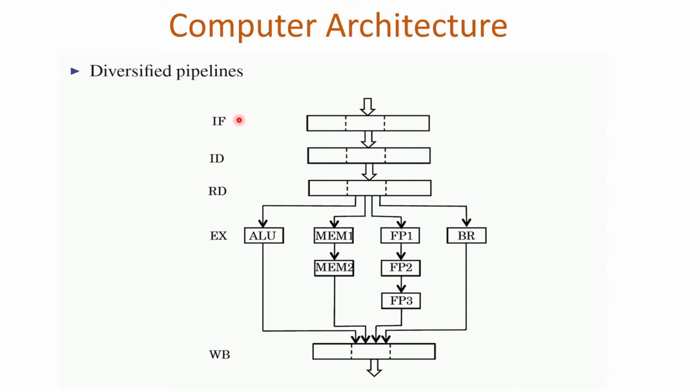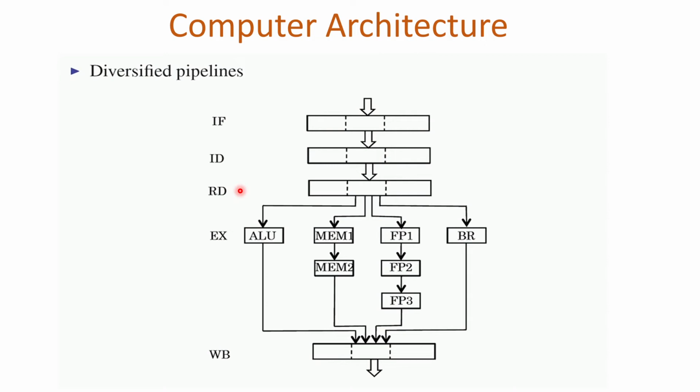So here I have a 5-stage pipelining again: instruction fetch, instruction decode, then read the data, that means the operand fetch, then execute, and then write back. Up to the operand fetch, there is no specific difference between different types of instructions.